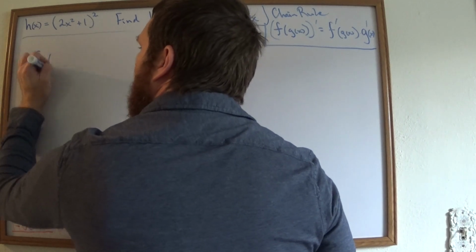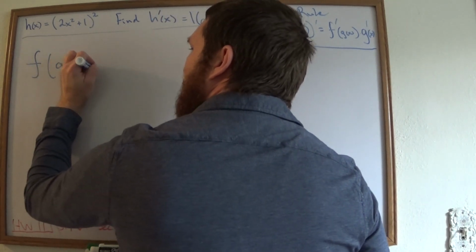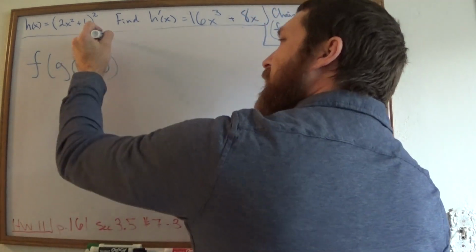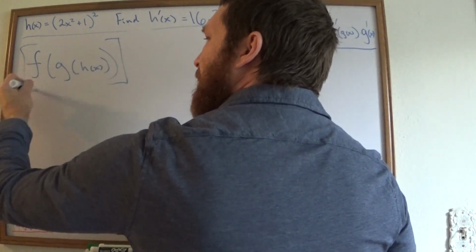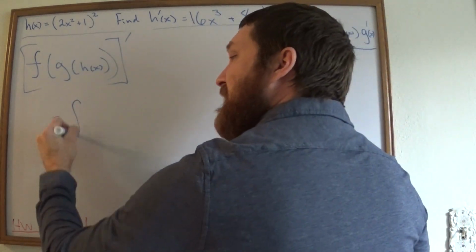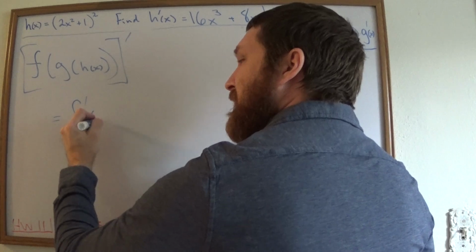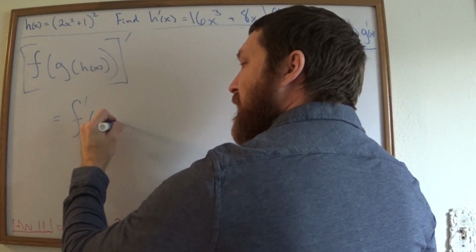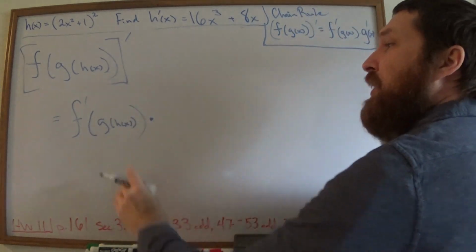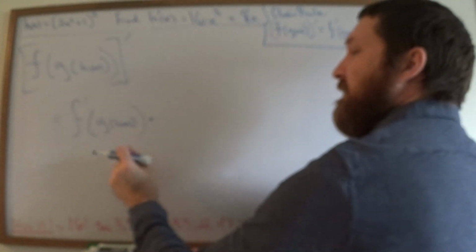If we have f of g of h of x, so this is what you were asking, Victor. You want to take the derivative of that. It's exactly the same thing. Take the derivative of the outside stuff, leave the inside stuff alone, multiply that by the derivative of the inside stuff.